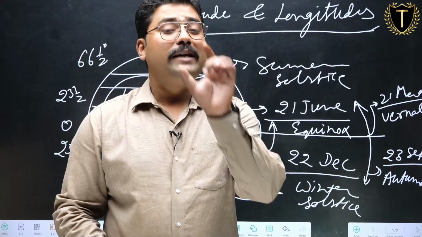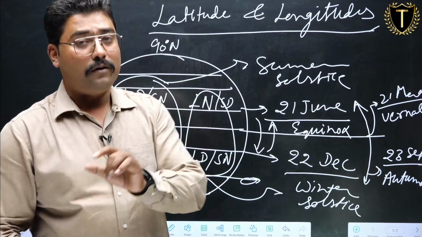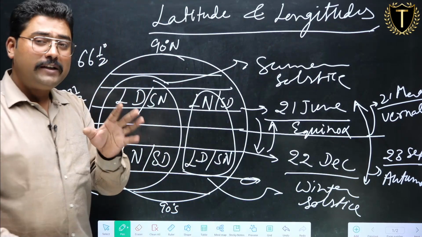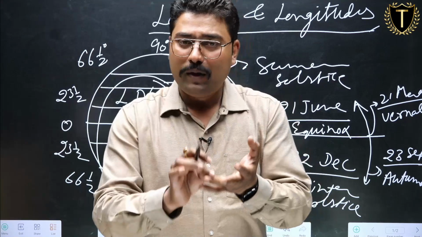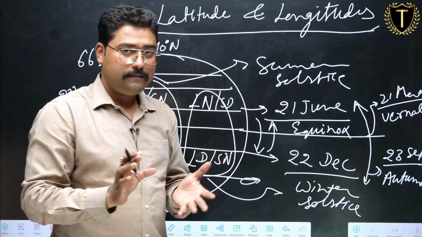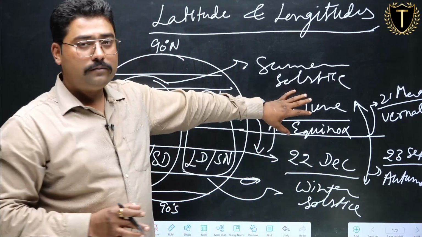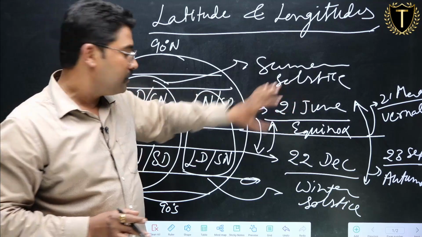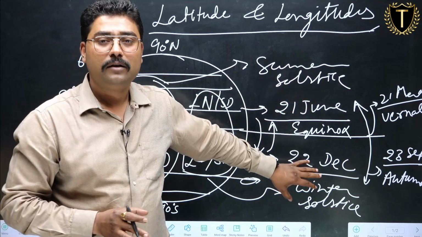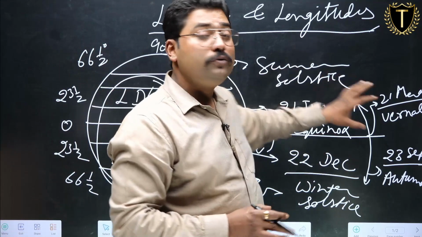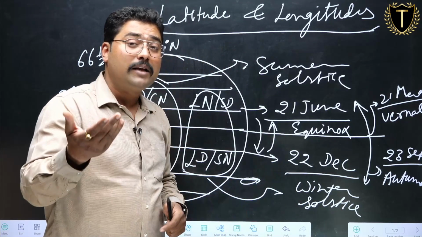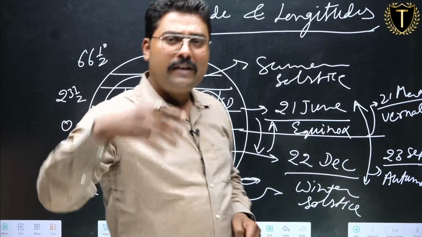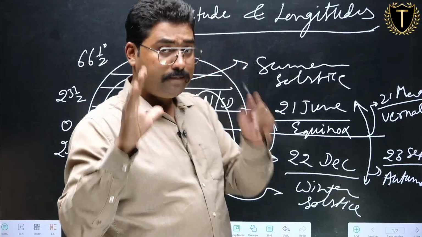Vernal equinox is also known as spring equinox. Now how? There are basically 4 seasons, as we know: summer, winter, autumn and spring. So June, summer solstice; December, winter solstice. After June, in September, autumn will be there, and after December, in March, the spring season. So spring is also known as vernal equinox.